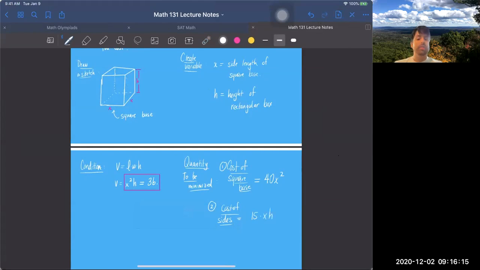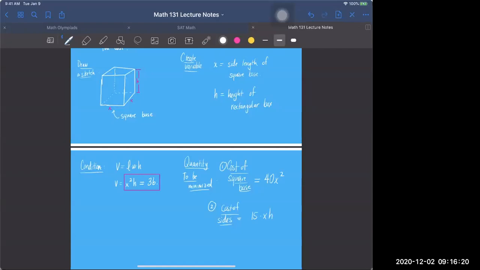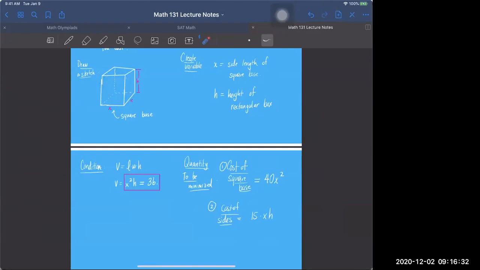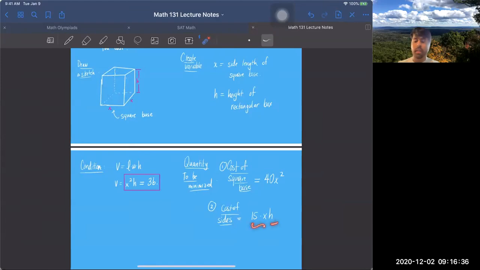X times h. And that's only one of the sides. How many other sides do you have that are exactly the same? You have four. 15xh is only for one, but I have four. So I have to multiply this by four. And what do I get? 60xh.